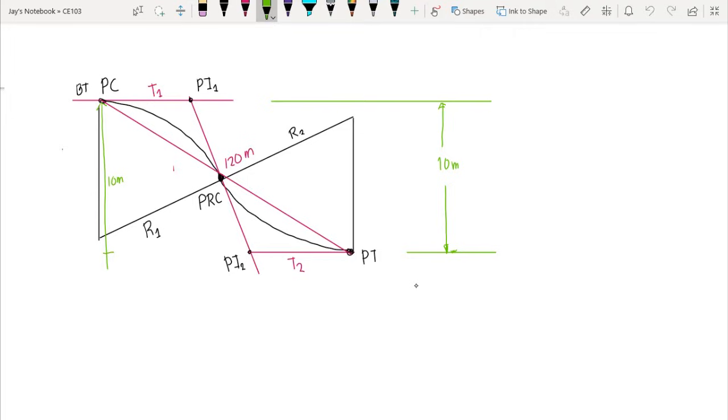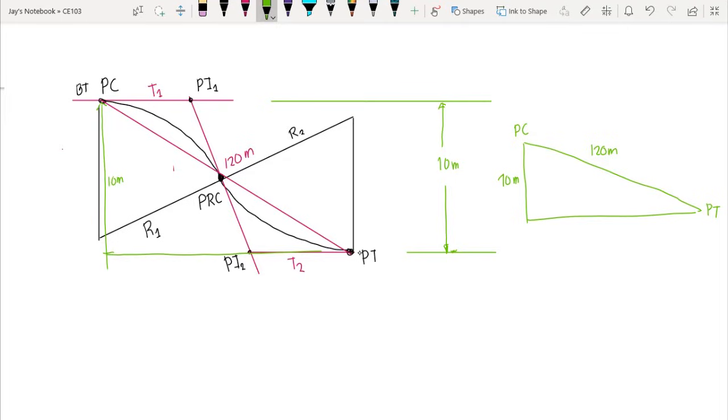And we can create a right triangle, which is this triangle here. So we would have this triangle, in which this length is 10 meters, and the chord length from PC to PT is 120 meters.